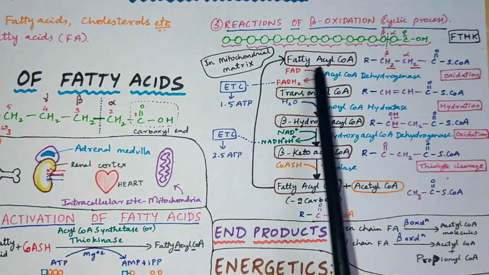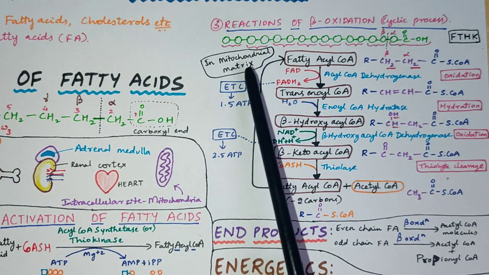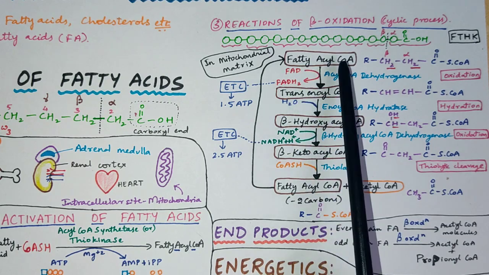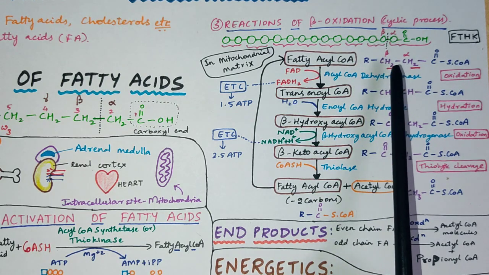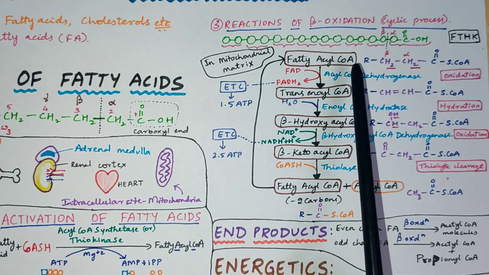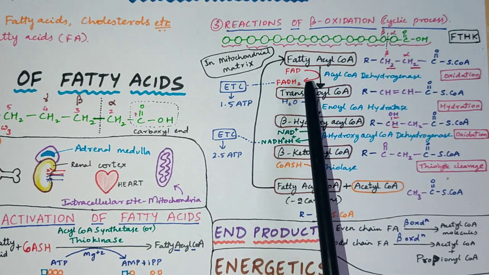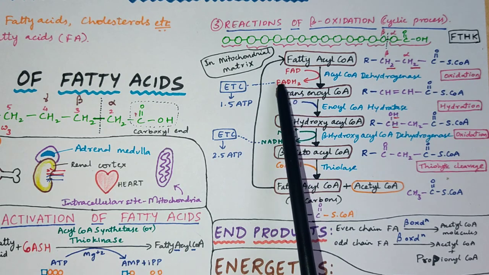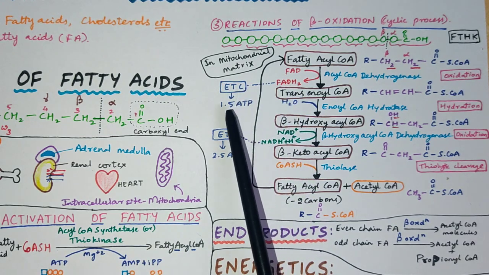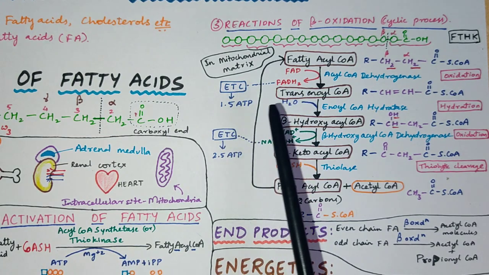We have fatty acyl-CoA in the mitochondrial matrix now. What happens to this is we are oxidizing this compound, that is we are removing two hydrogens from this compound. Where do the two hydrogens go? They go with FAD. Here H2 combines with FAD to form FADH2 which again enters ETC to give us 1.5 ATP.